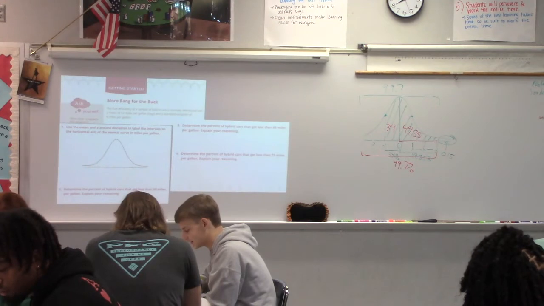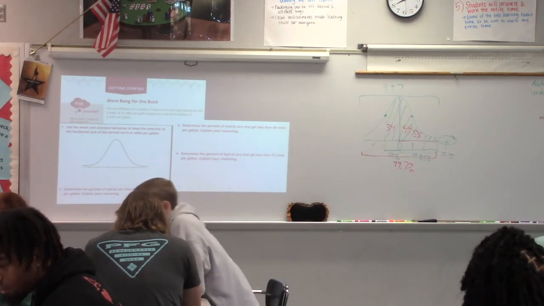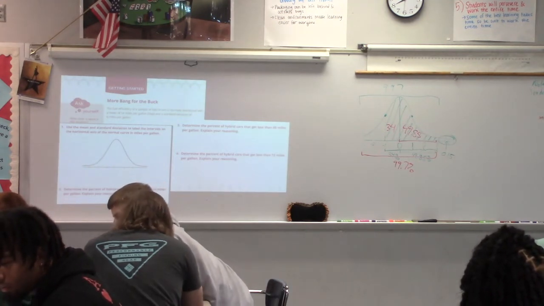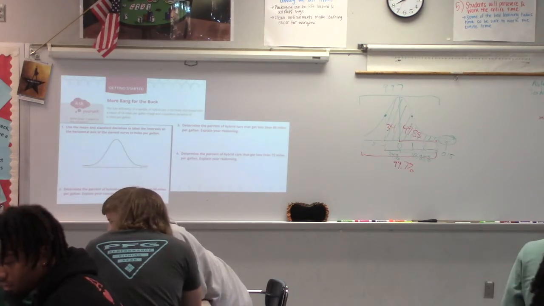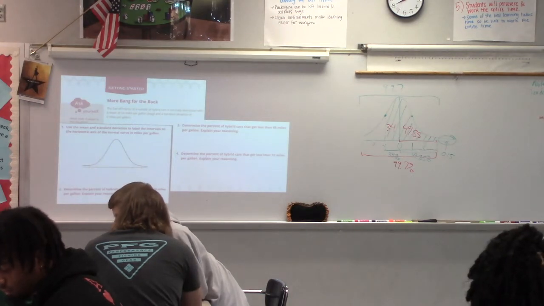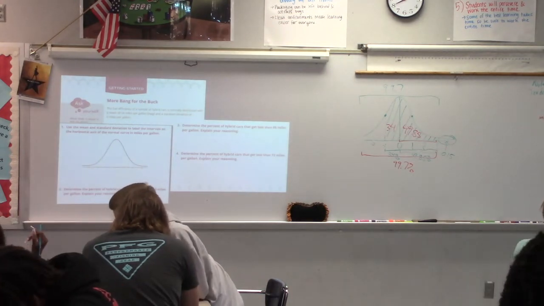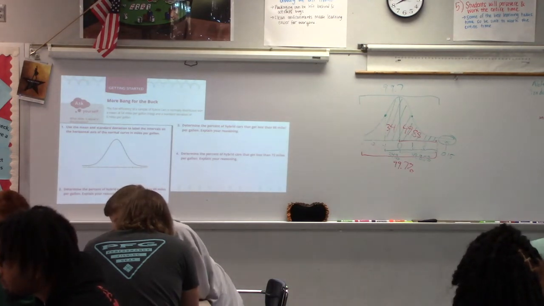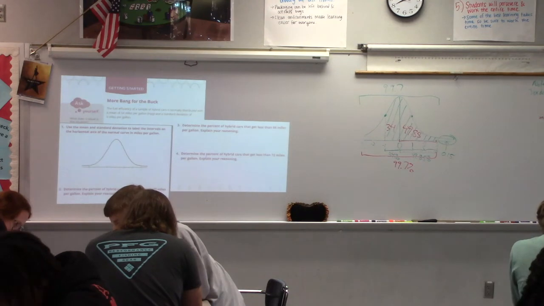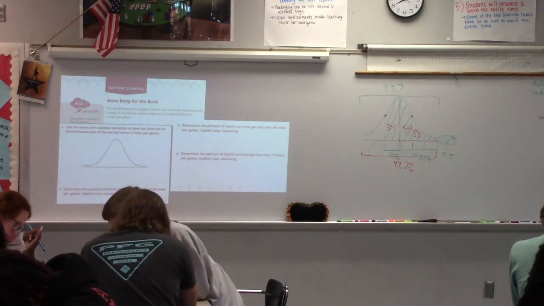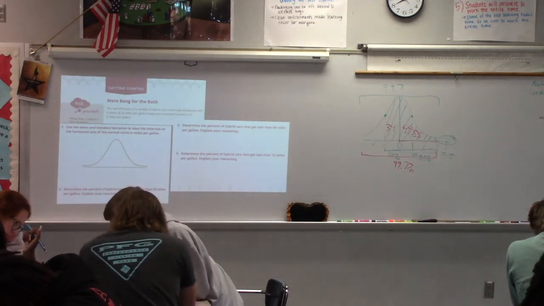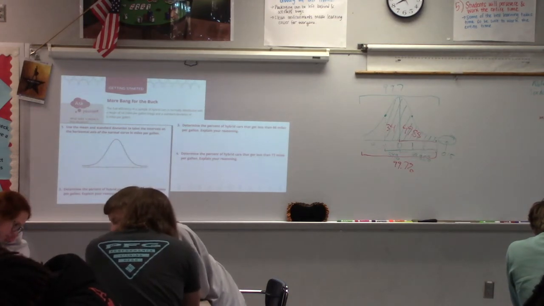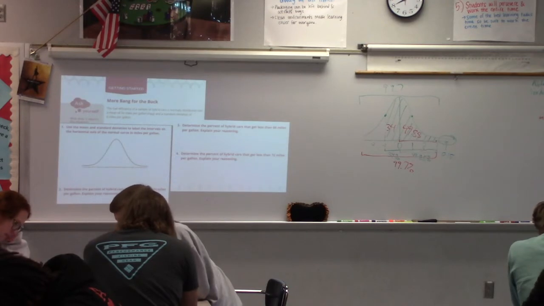Think about it: if that's the mean, everything to the left is 50%. What percent is between the mean and one standard deviation? We saw 34. So everything to the left of the mean is 50%, and then we add the 34.